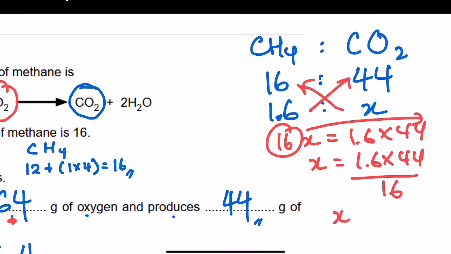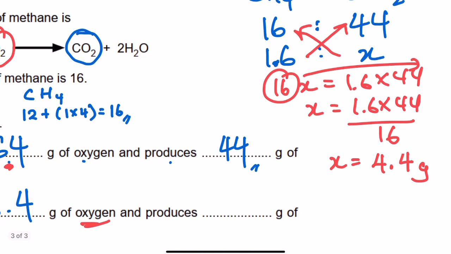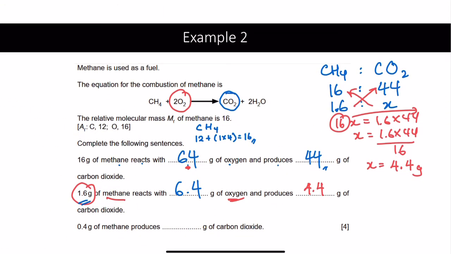So therefore you will get 4.4 gram. So the answer is 4.4 gram of your carbon dioxide. Let me repeat again. 1.6 gram of methane will produce carbon dioxide. How much is it? After we do cross multiply, it is 4.4 gram. Okay, I hope this is clear.